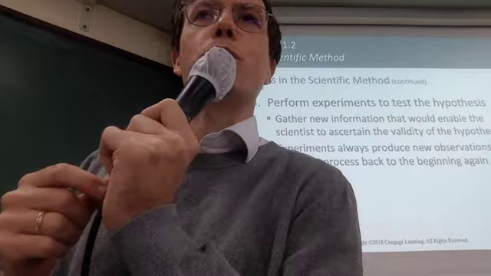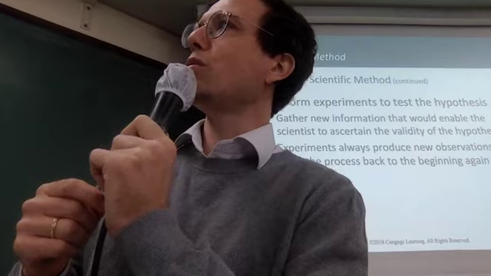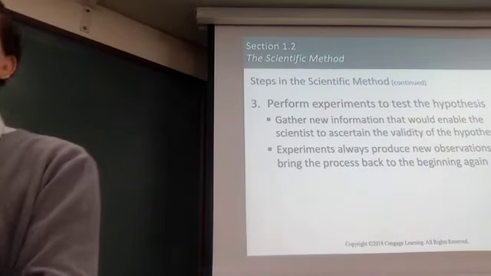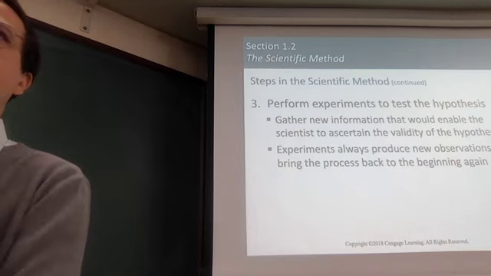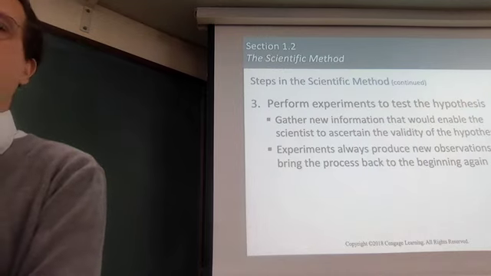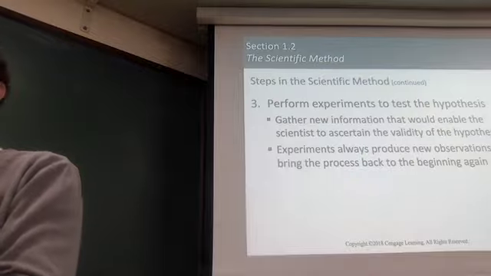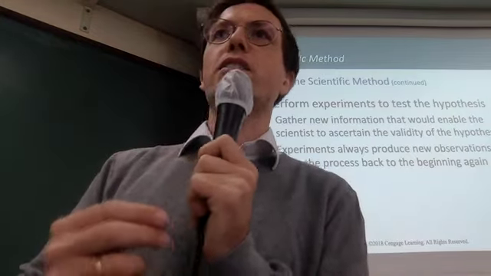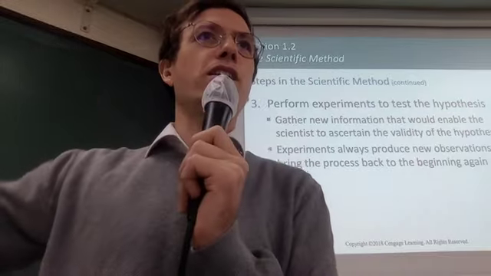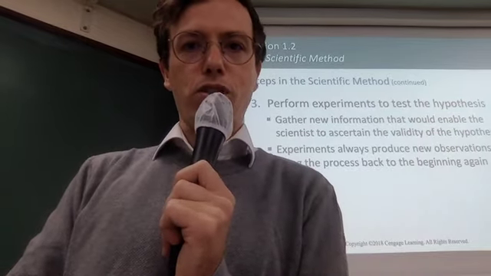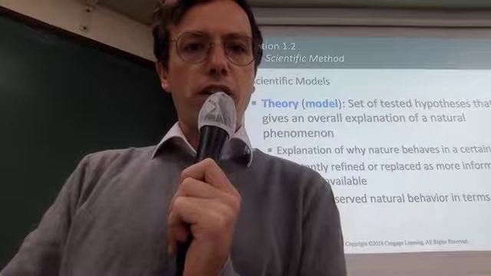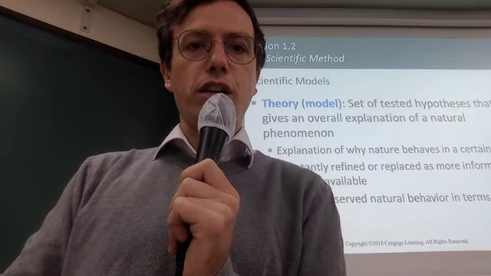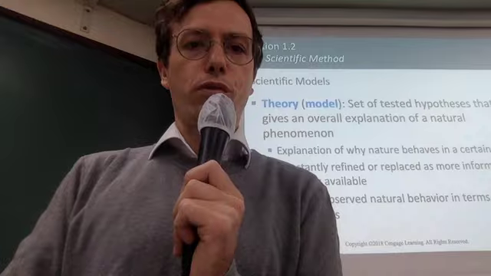It doesn't work anymore. So they made a new hypothesis and they developed a new theory. They updated the theory, which can incorporate all the classical mechanics as well. So the new theory, quantum mechanics, can explain all the limits that we need to describe. And the theory is then the set of tested hypotheses that gives the overall explanation.